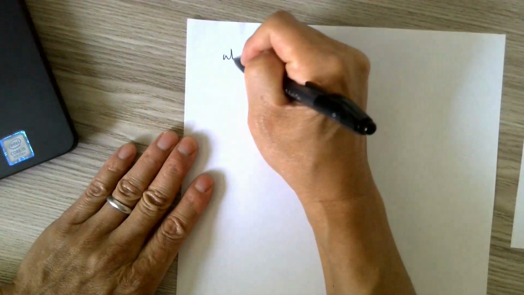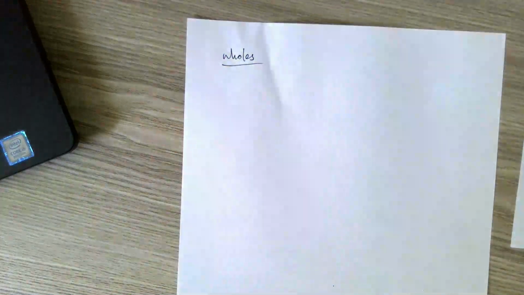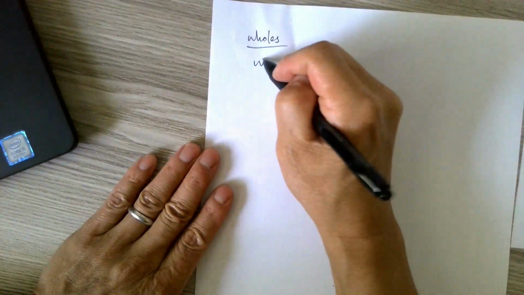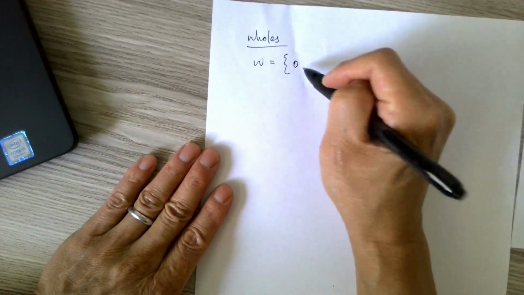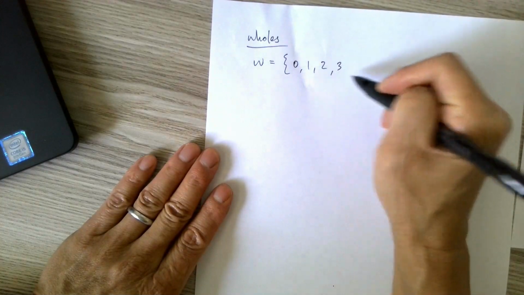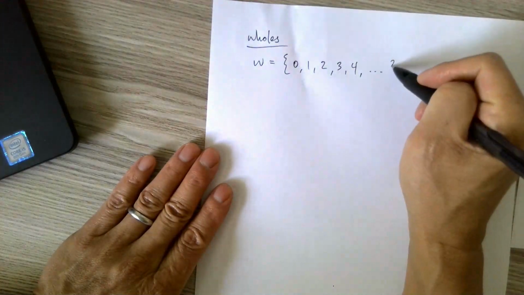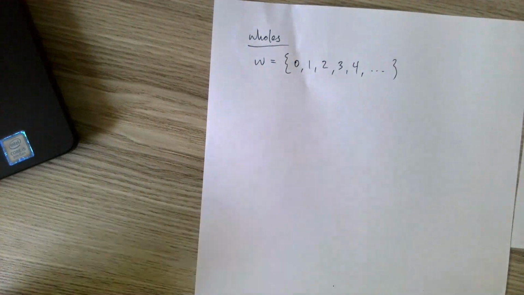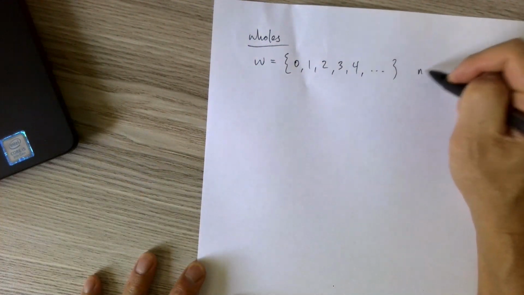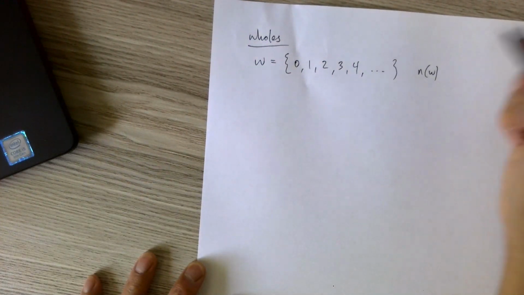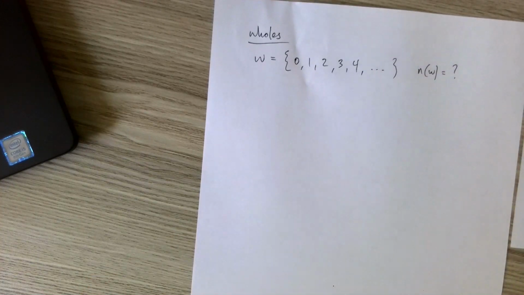Now, the wholes, abbreviated W, contain 0, 1, 2, 3, 4, dot, dot, dot. What is the cardinality of the wholes? Is it the same as naturals or different?